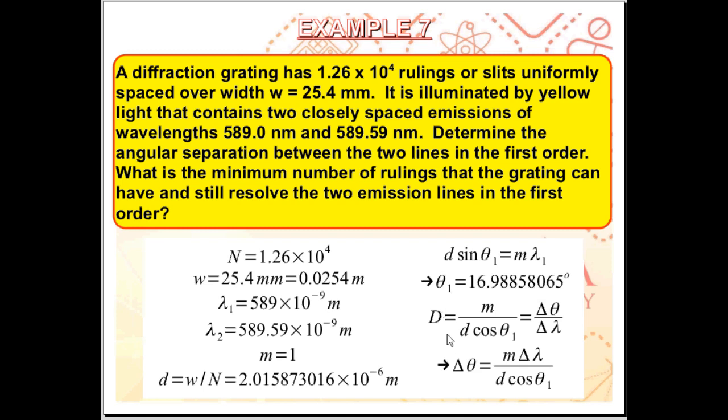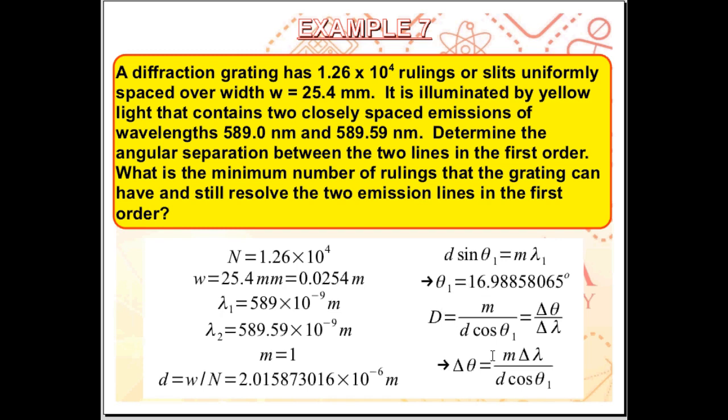Now, the dispersion m over d cosine theta 1 is equal to delta theta over delta lambda. So using this part of the equation, we are able to isolate delta theta. Delta theta is equal to m delta lambda over d cosine theta 1.